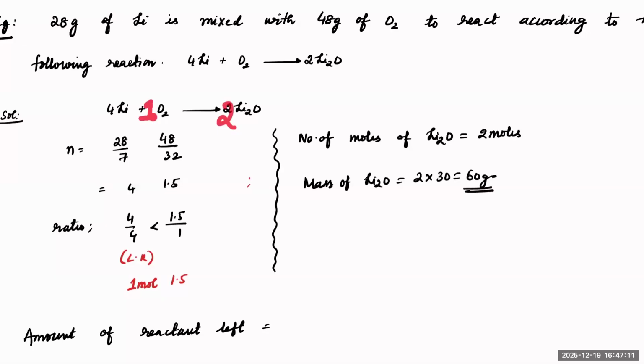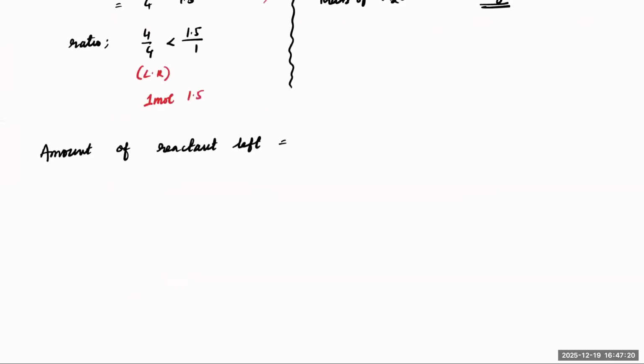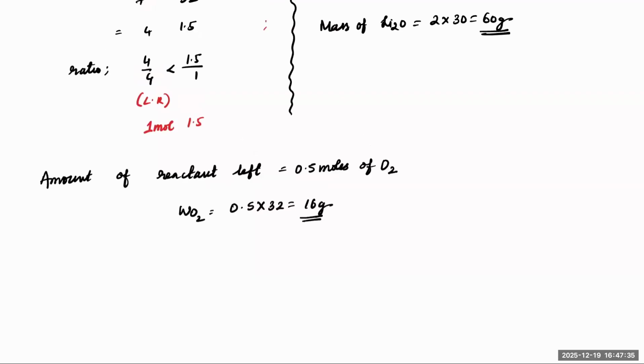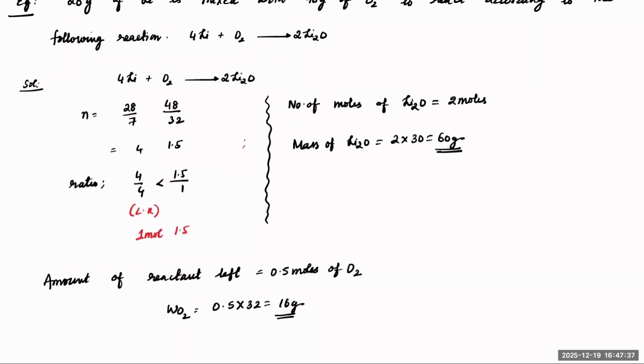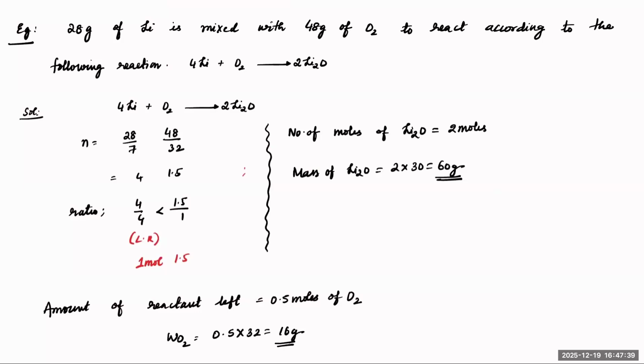But how many moles extra do I have? 0.5 moles extra. So the amount left will be 0.5 moles of O2. This is the leftover amount, which means the weight of O2 will be 0.5 into 32, which is 16 grams. So this is the extra amount. Clear, beta?